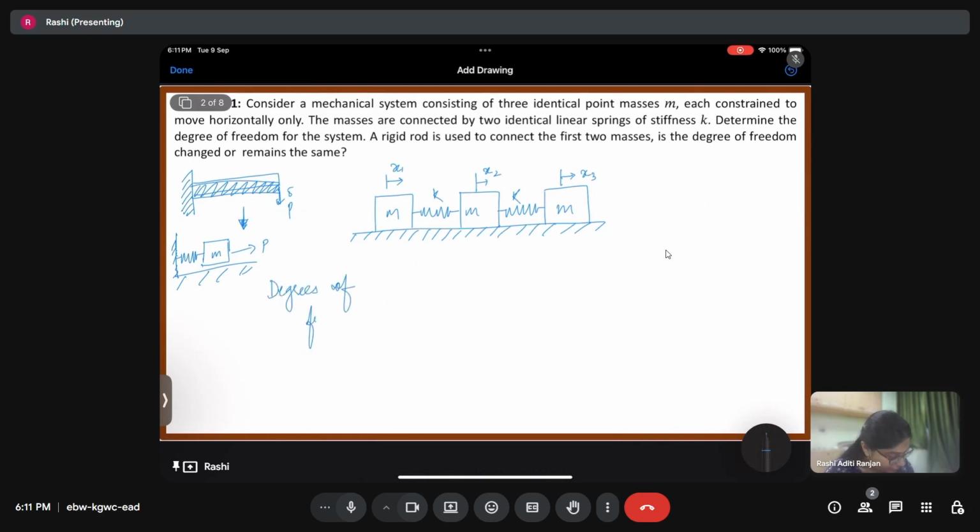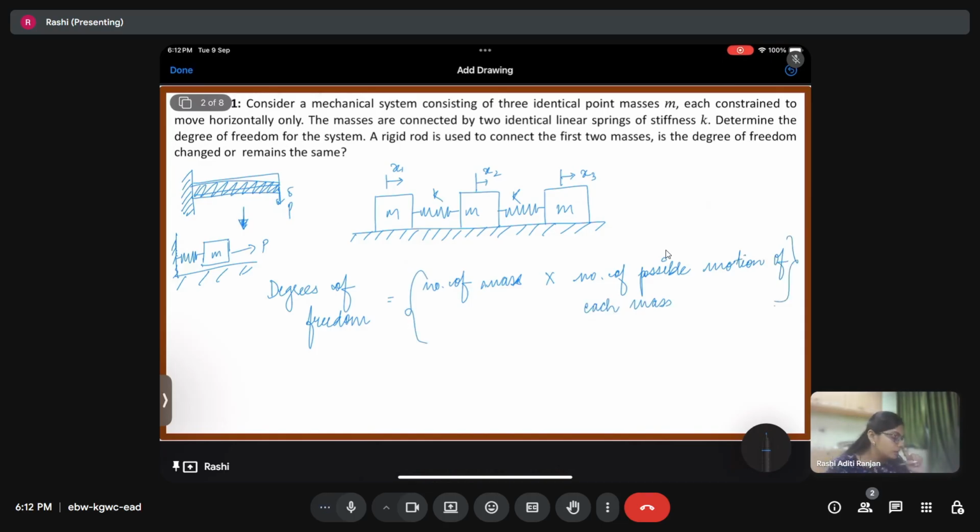The degrees of freedom is equal to the number of masses multiplied by the number of possible motions of each mass.